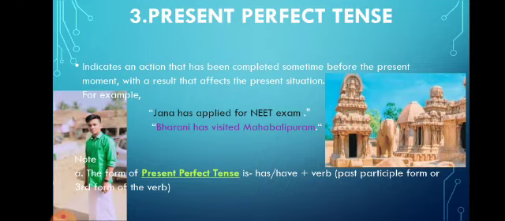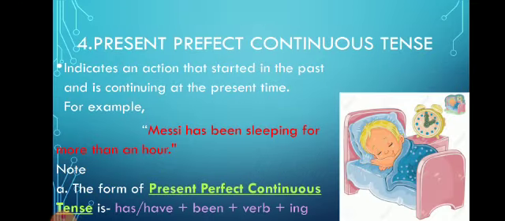So let's move to the next tense. Present perfect continuous tense. When I was explaining the present continuous tense, I told you the action takes place in a moment, and it is in progress for a short period of time.